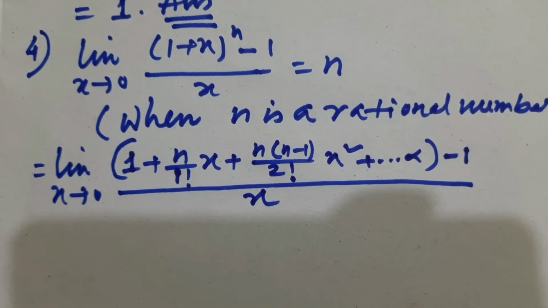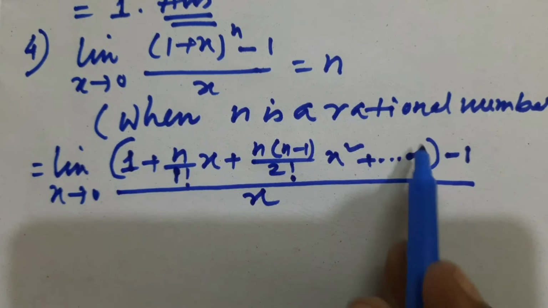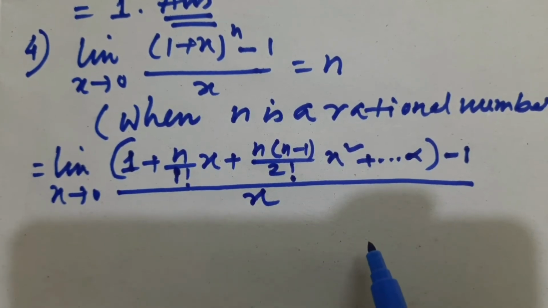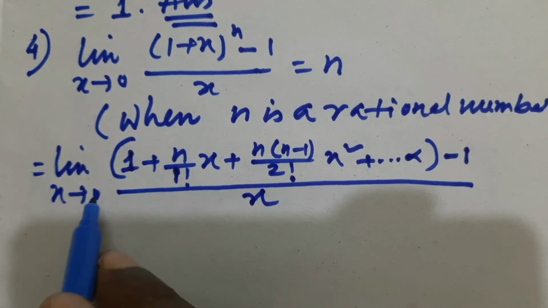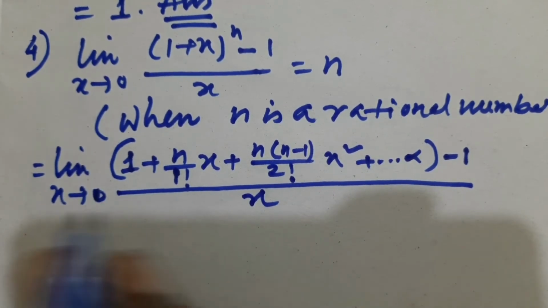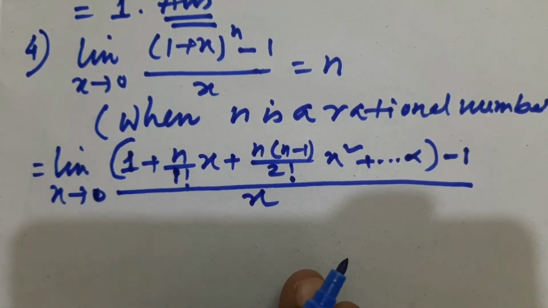Actually this value does not depend on the ending term, as we take a common x and then x approaches to 0, so the remaining all the terms where x belongs, so that's why.